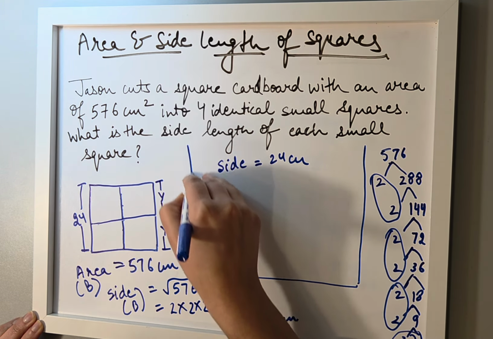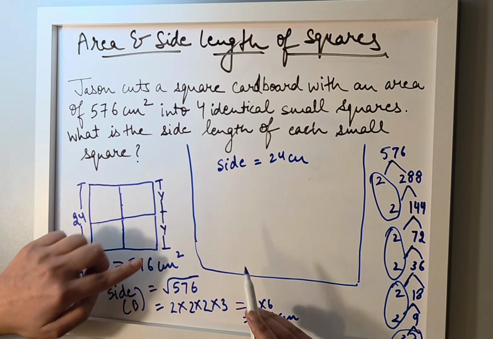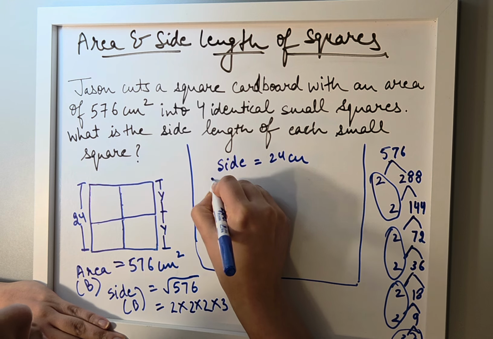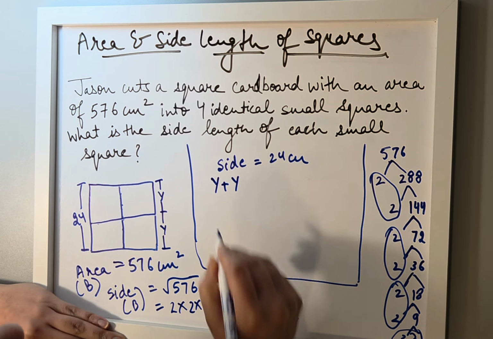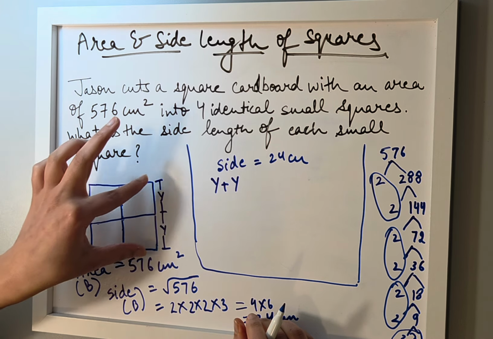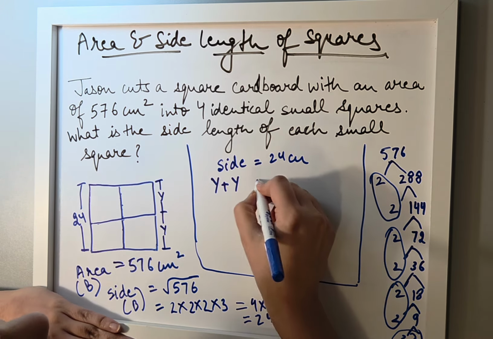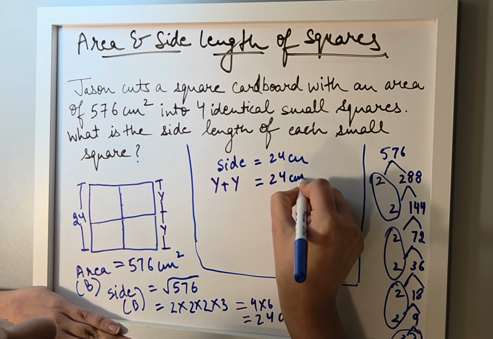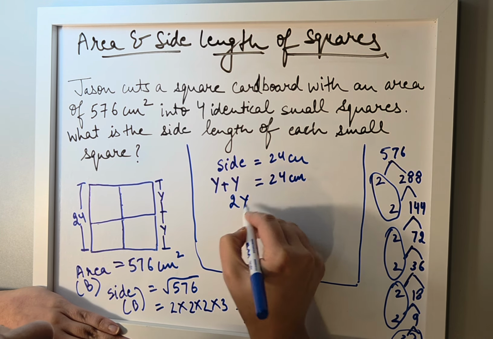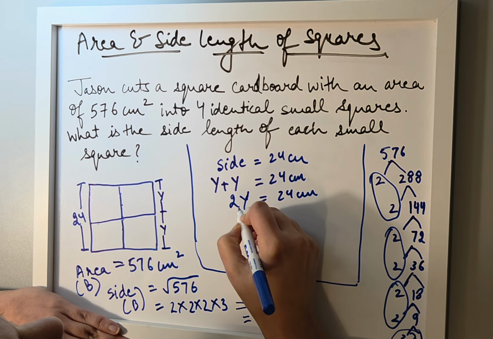Also we can write the side of the big square as y plus y, right? This is the full side of the square as 24, and also this is the side, so we can write it as y plus y is equal to 24 centimeter. So 2 times y will be 24 centimeter.